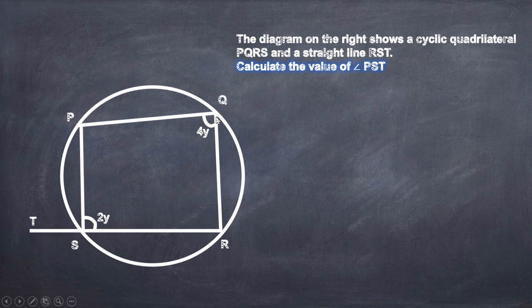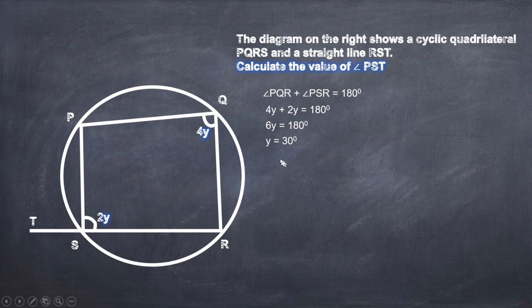From what we learned previously, the sum of interior opposite angles is equal to 180 degrees. Therefore, 4y plus 2y is equal to 180 degrees. So we know that y is equal to 30 degrees.